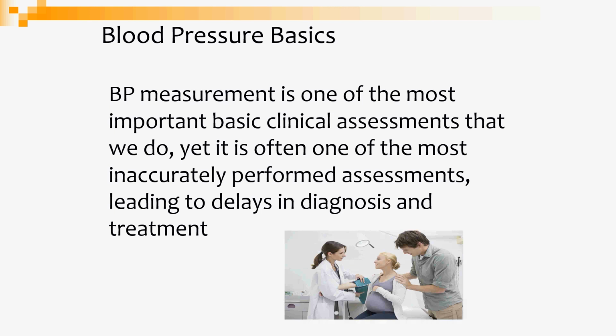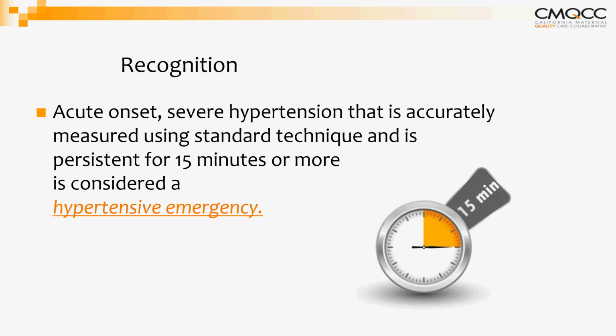So as we know, it's a basic clinical assessment. We all get taught it in nursing school. However, when it's not accurately performed, it's going to, of course, give the wrong reading, and it's going to lead to either delays in diagnosis and management, or mismanagement, or delays in treatment. Next slide.